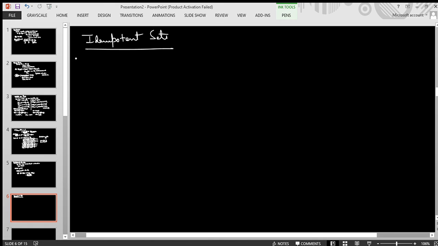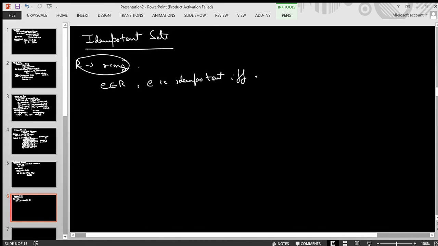Suppose you have R as a ring, and you take an element from R. Then we say that this particular element E is idempotent if and only if E square is equal to E.